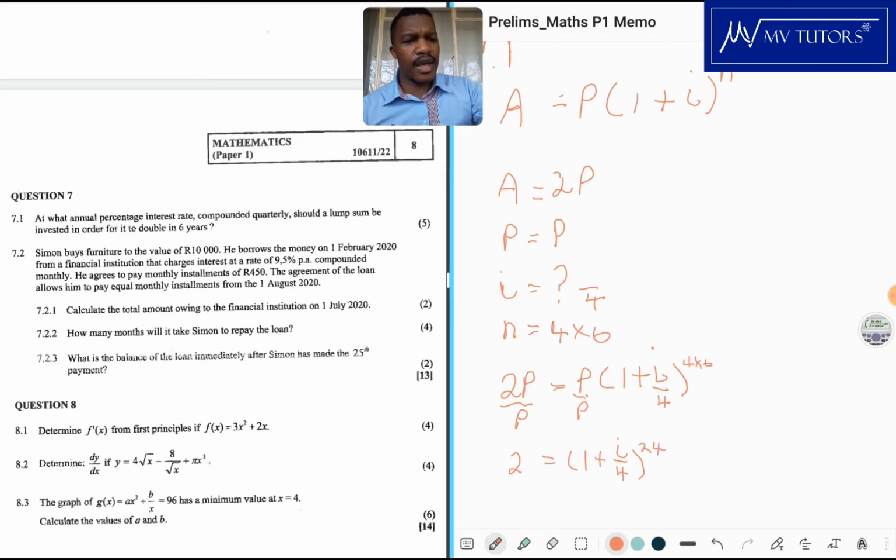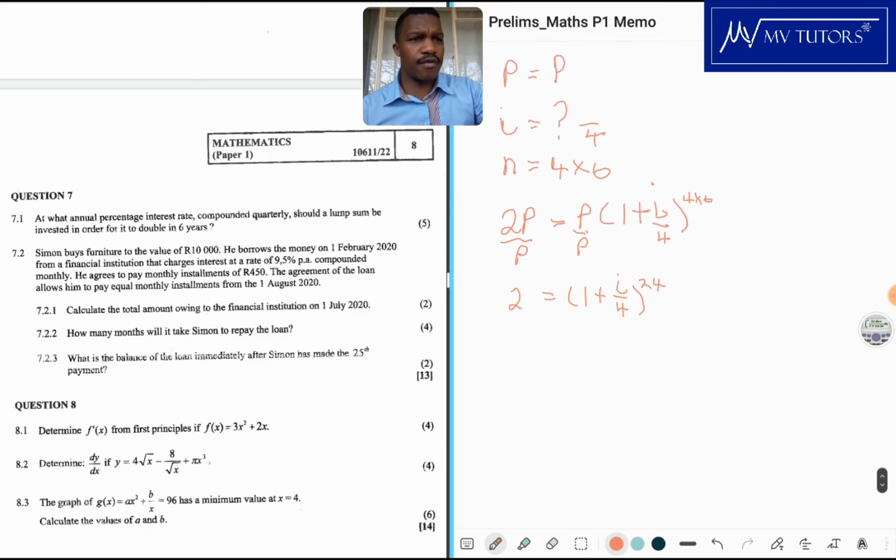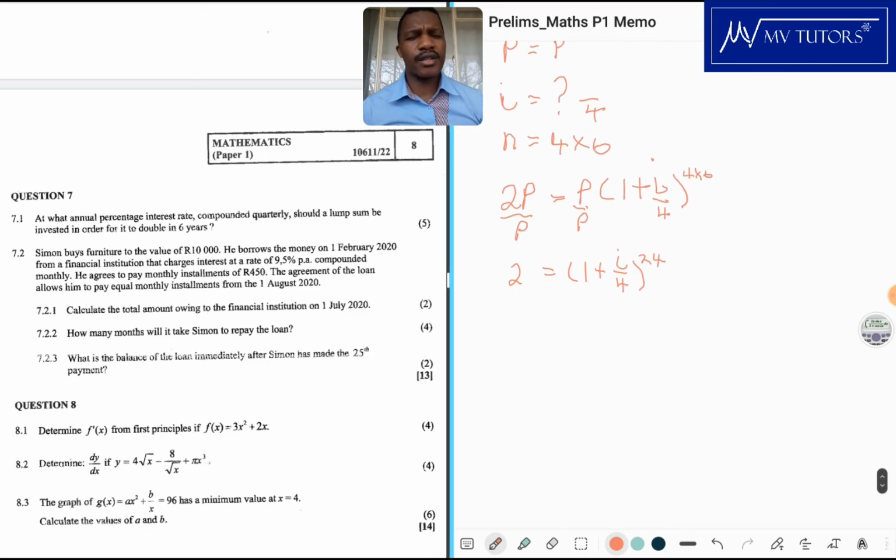What's going to happen now? If we want to solve for I, I like to use my logarithm. Logarithms are useful in such questions, especially if you're going to solve for the number of years. But if you have a sum such as this, when you want to get rid of the exponent, what I can do is multiply by an exponent on both sides.